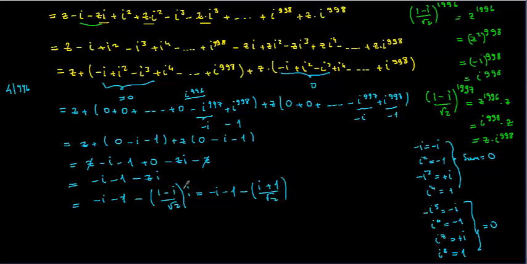And I times I is I square, which is minus 1, and minus minus 1 is plus 1.